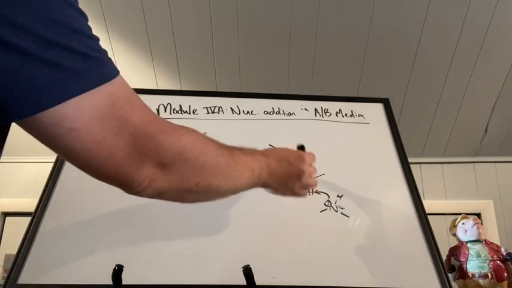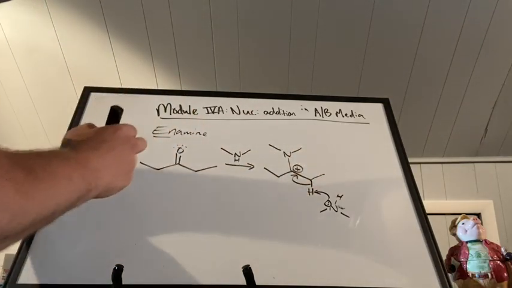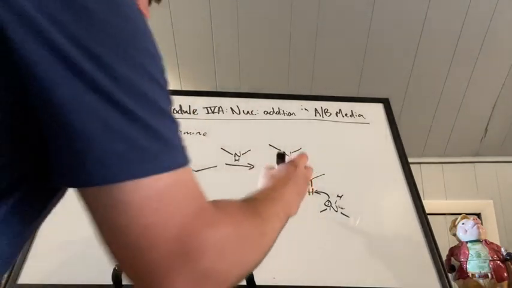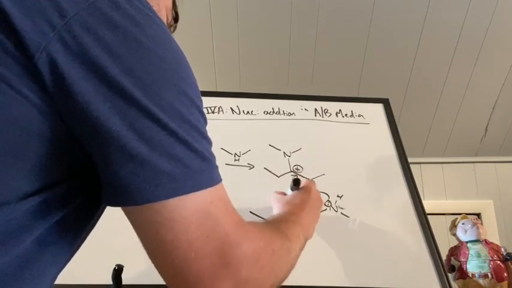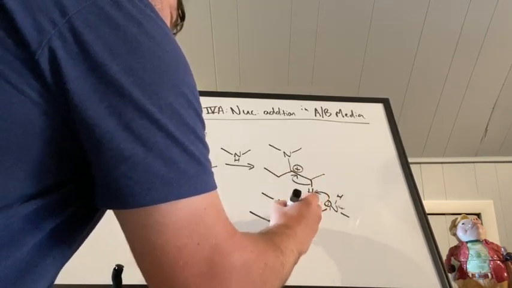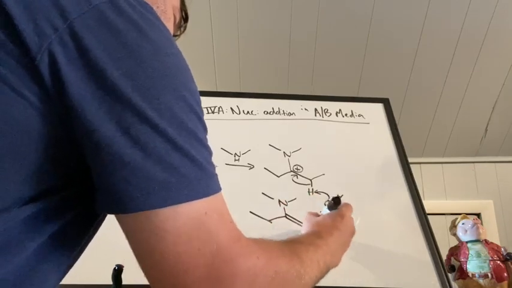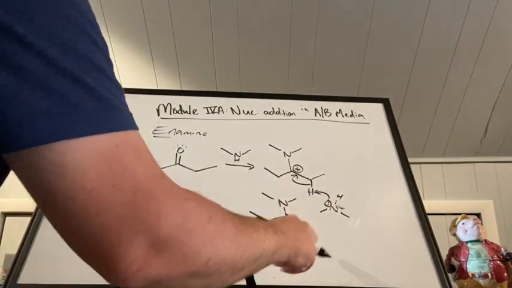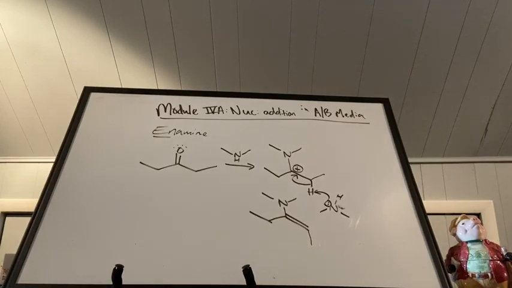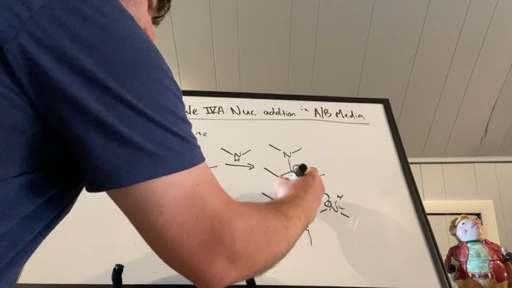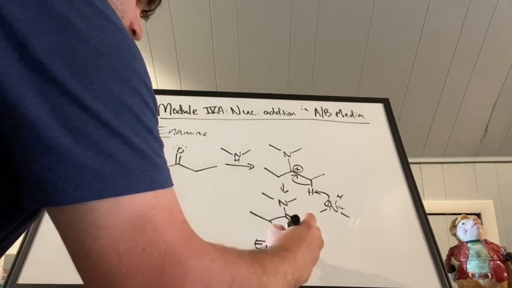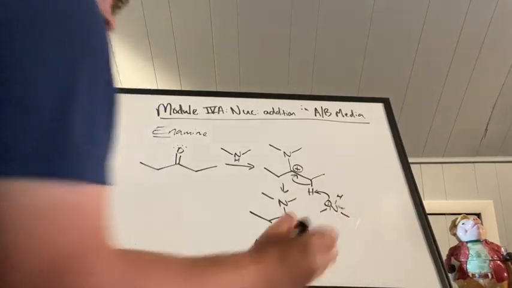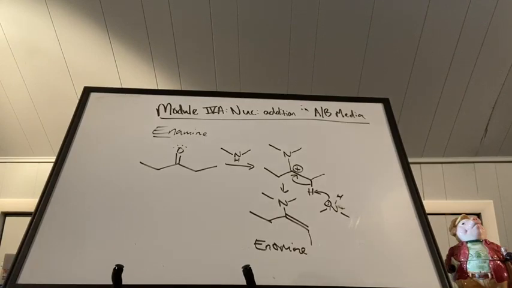This positive charge is going to pull those electrons over, right? And then you'll have an enamine as a result. Okay, so this is an enamine right here. Enamine. Okay, for all my enamines out there.